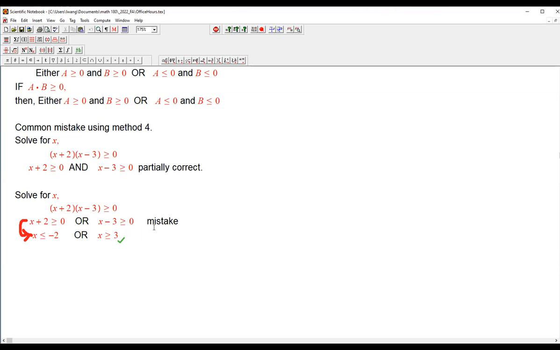The logic is clear, right? If one of them is greater than or equal to 0 and the other one is not, the product is not going to be greater than or equal to 0. So that is flawed logic. So you'll be graded for these mistakes. From here to there, that's mistake number 1, and from here there's another mistake.